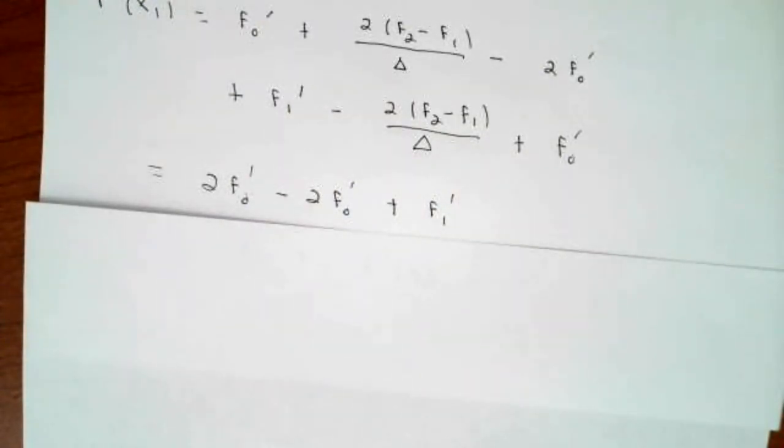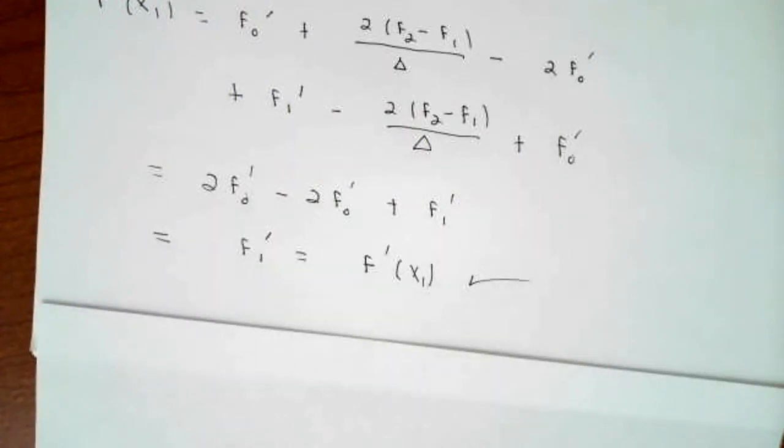All terms have been accounted for. If you look at the first two terms, they cancel each other out, leaving you with F prime 1, which is F prime evaluated at x1.